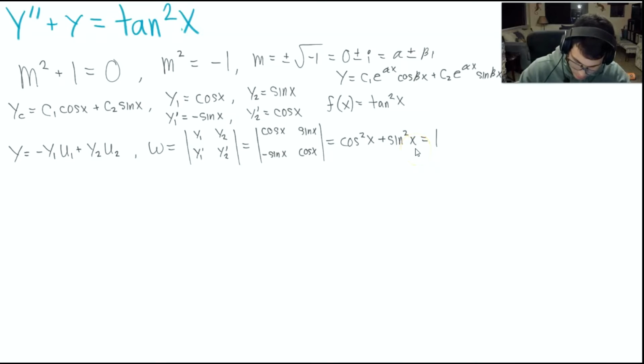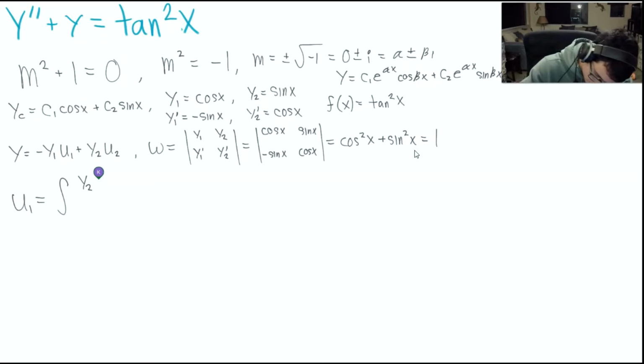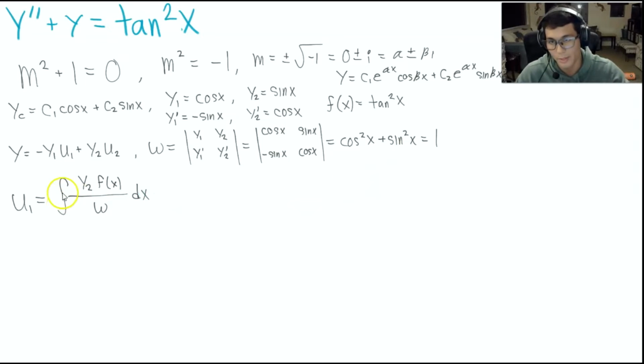Okay, so that's W. Now u1 is equal to the integral of y2 f of x over W dx. By the way, you can assume your integration constant is zero, so just don't even write it.